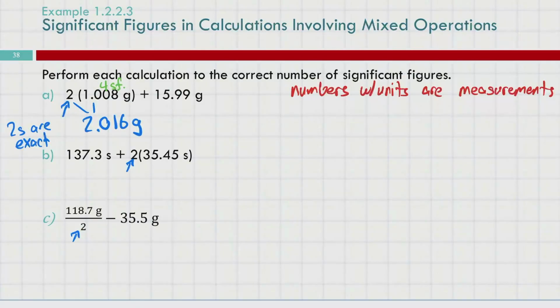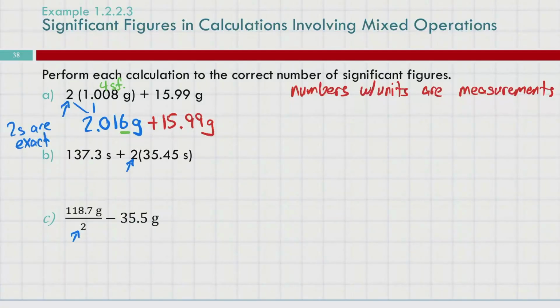Since the other one's exact, we're going to have 4 significant figures in our intermediate answer, the 2.016. So we're maintaining 4 significant figures. Okay, intermediate step done. Next step, addition, subtraction. We get to add the 15.99 grams.